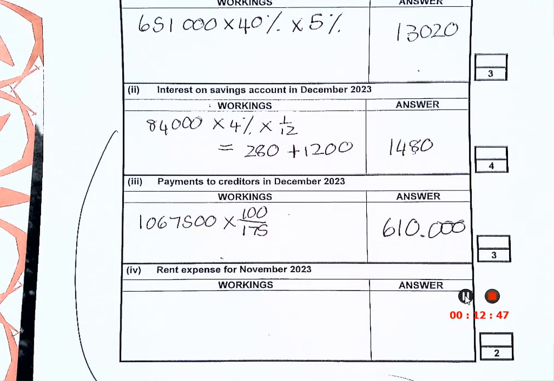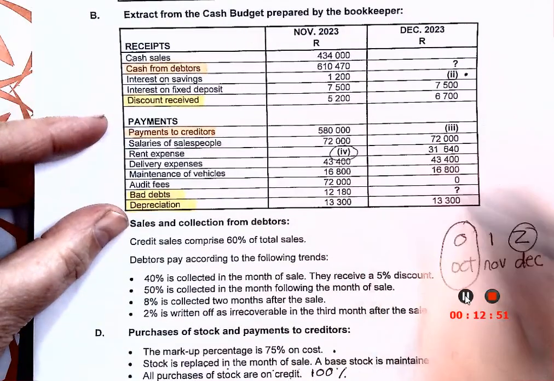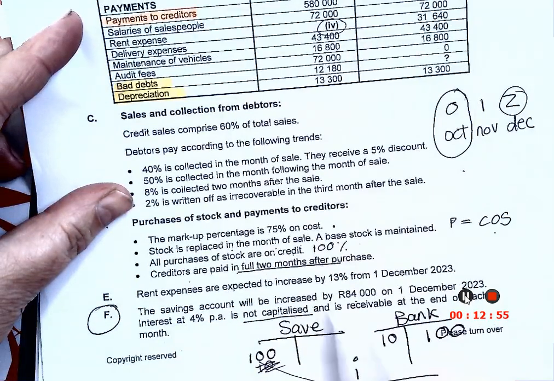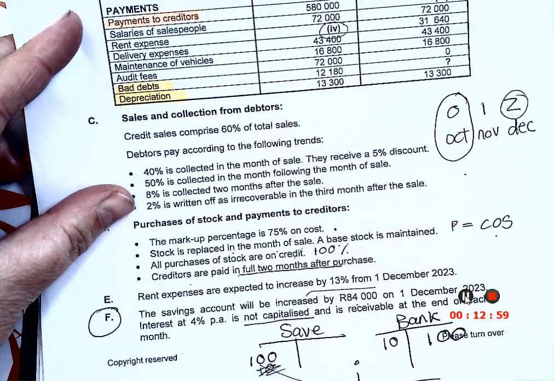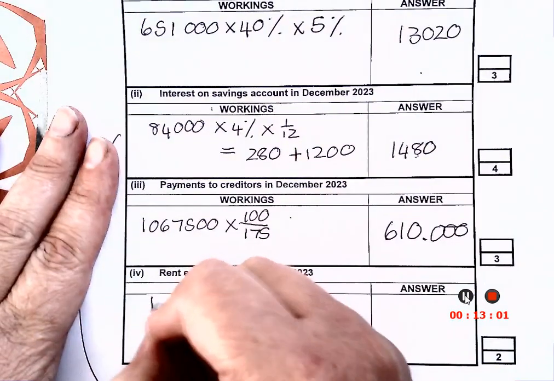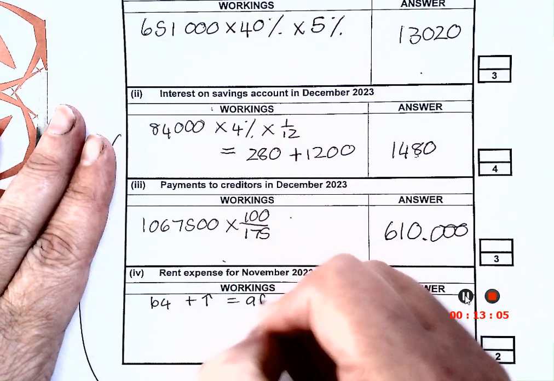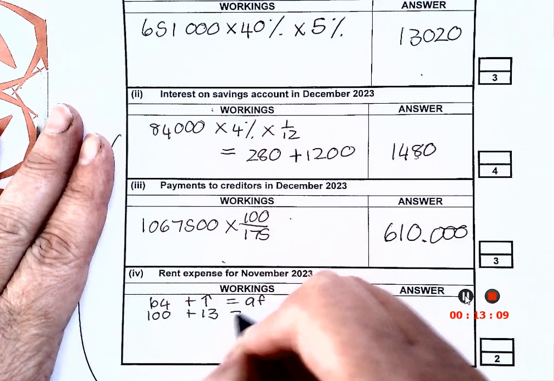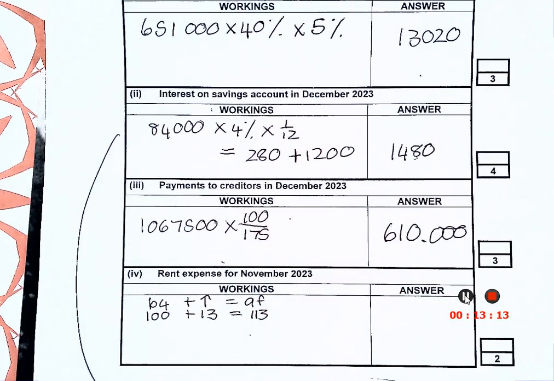Okay, rent expense. So what is the rent expense? There it is. So they say, rent expense are expected to increase by 13%. This is a very straightforward one, because I've got before plus the increase after. Before is 100, the increase is 13, so after is 113. What do they give me?